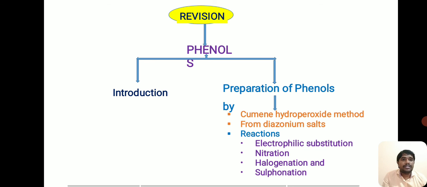And we have also discussed reactions, in which we discussed electrophilic substitution reactions: nitration, halogenation, sulfonation.